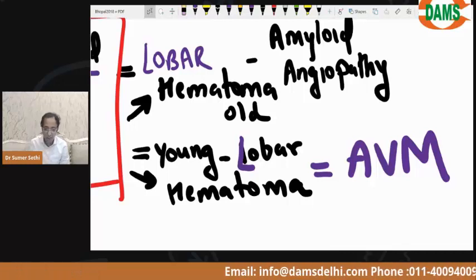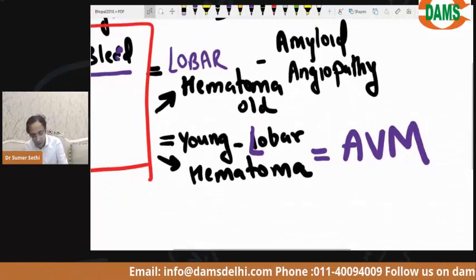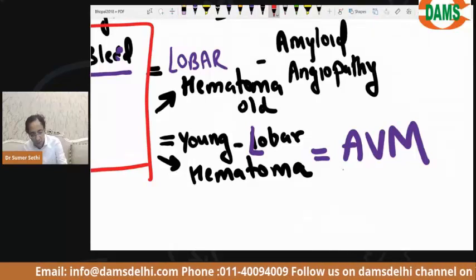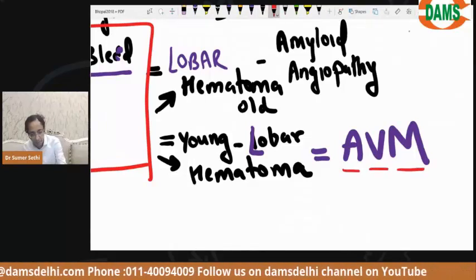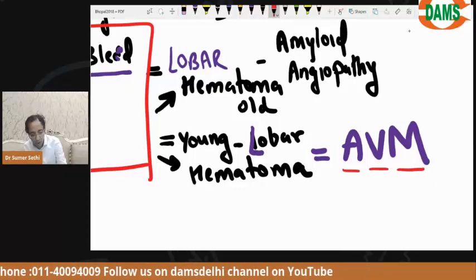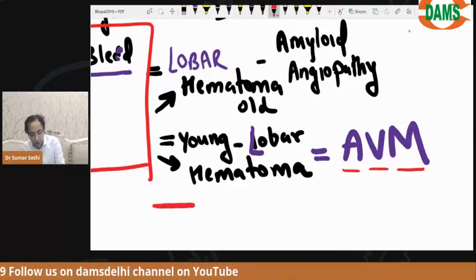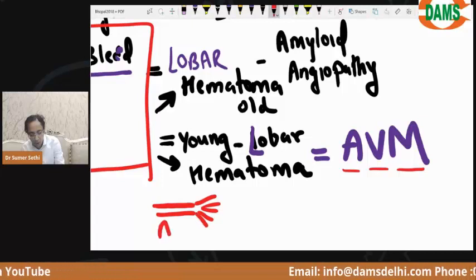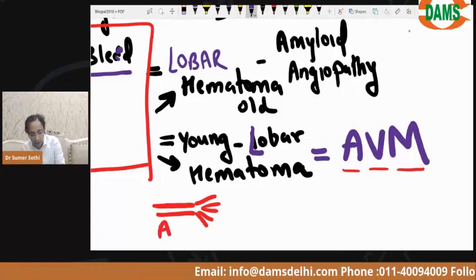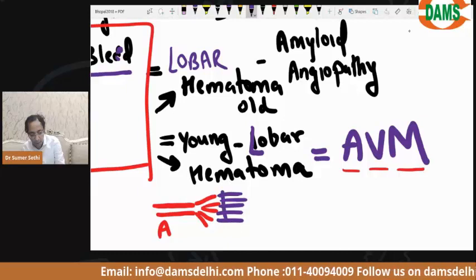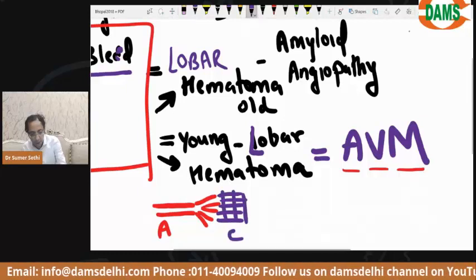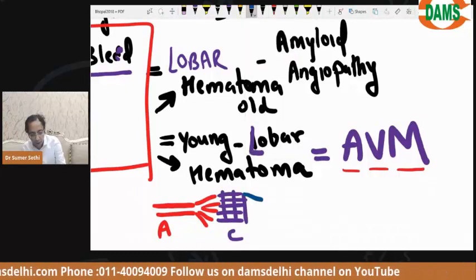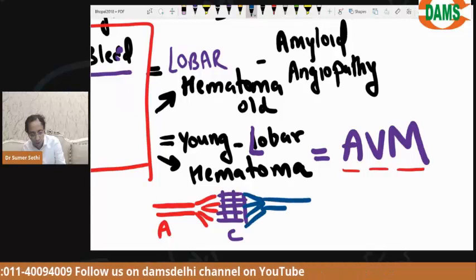This is the first slide after the break. Very good. Now, some of you must be wondering, what is AVM? In a normal person, an artery divides into arterioles. The arterioles join into capillaries, the capillaries join to form venules, and venules join to form veins.